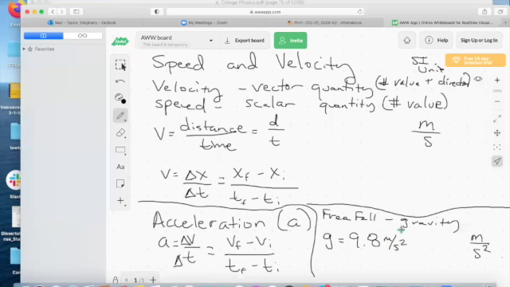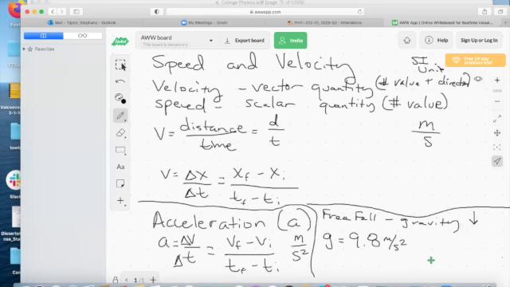Now, if you notice the SI unit for gravity and acceleration, acceleration was meters per second squared, and gravity is meters per second squared. So acceleration and gravity have the exact same SI units. Gravity is a form of acceleration in the downward direction towards the Earth's surface.